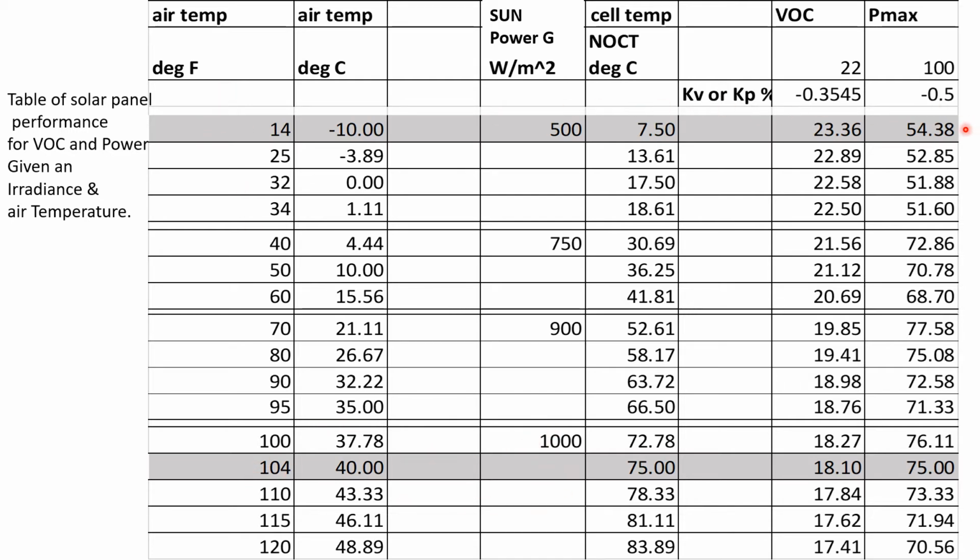The gray line indicates my low temperature threshold, where I have memory of the temperature being that cold, and the gray line down here is my high temperature case, where I remember the temperature being that high.